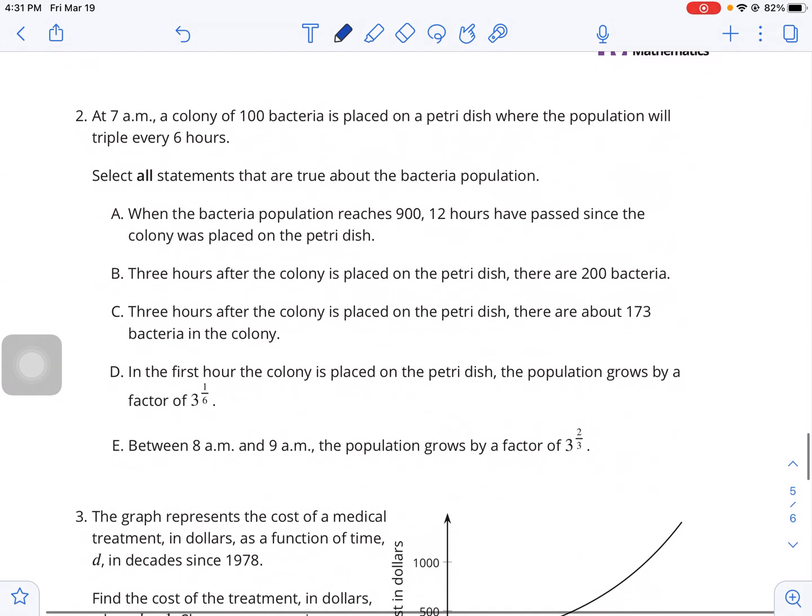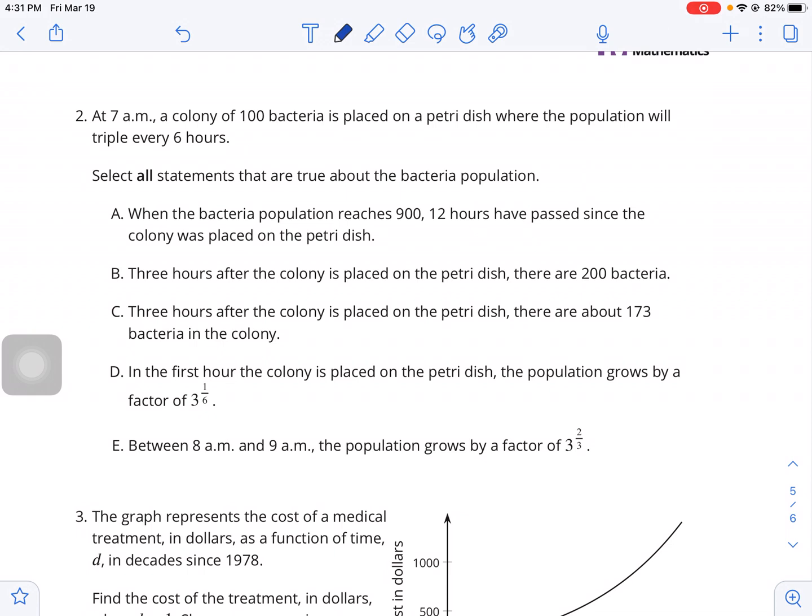Number 2, at 7 a.m., a colony of 100 bacteria is placed on a petri dish where the population will triple every 6 hours. So we want to select all that are true about the bacteria population. When the bacteria population reaches 900, 12 hours have passed since the colony was placed on the petri dish.